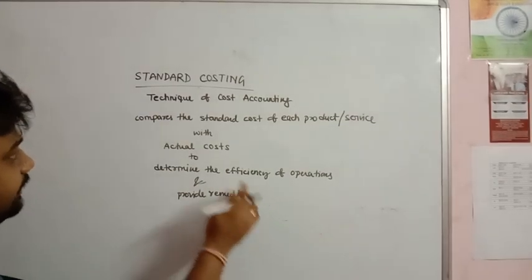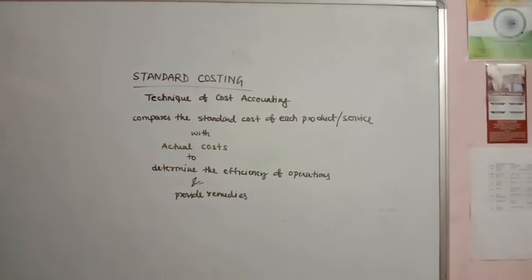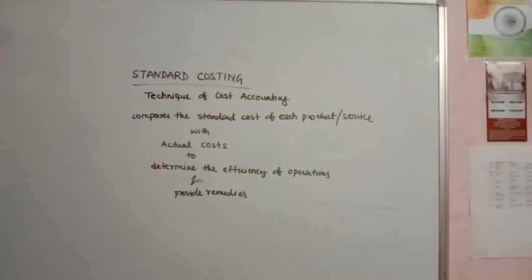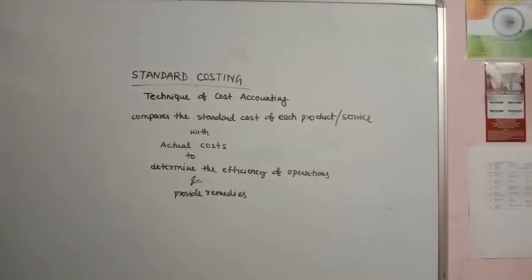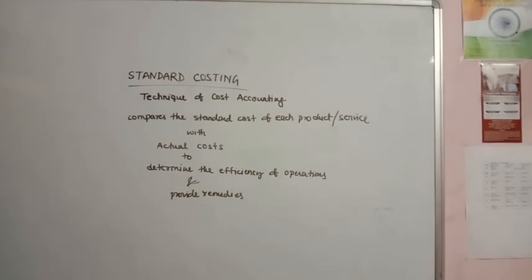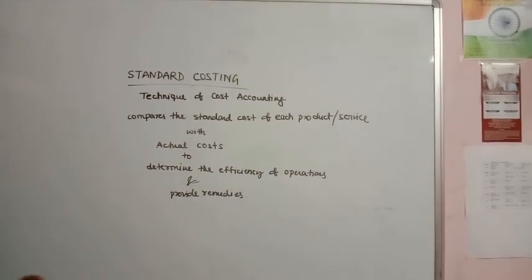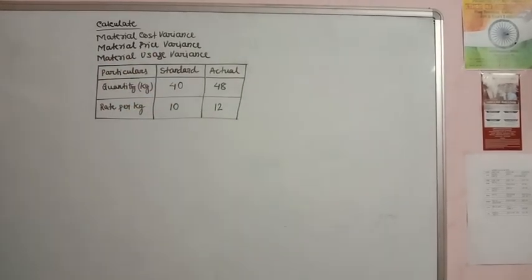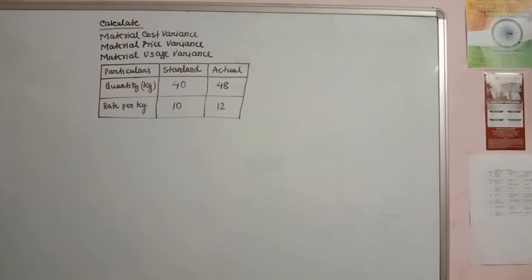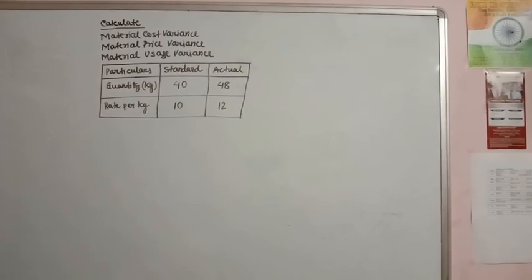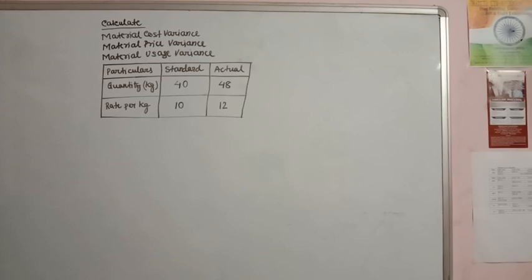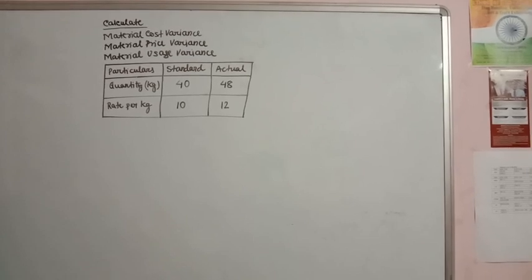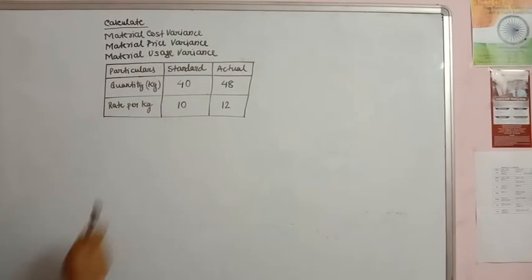There is a specific procedure in which we perform this technique. While we do the numericals, we shall be discussing those techniques. At the board, this is a short numerical related to calculation of variance. You have to calculate material cost variance, material price variance, and material usage variance.